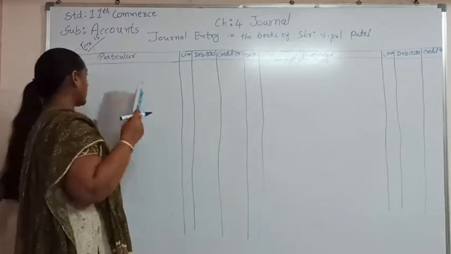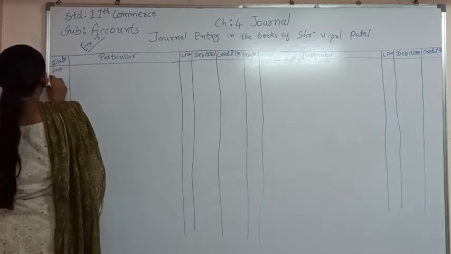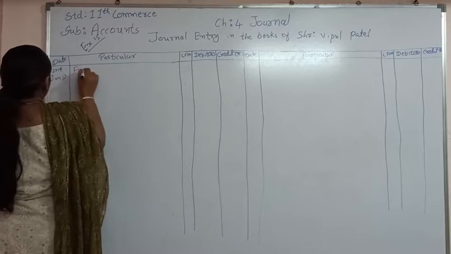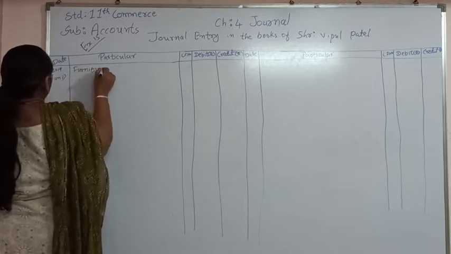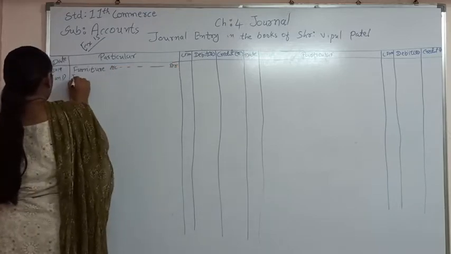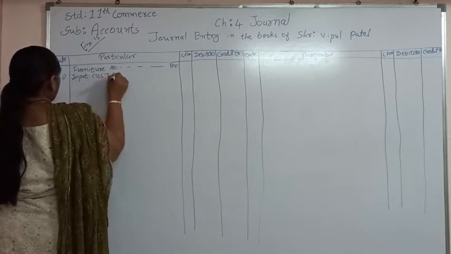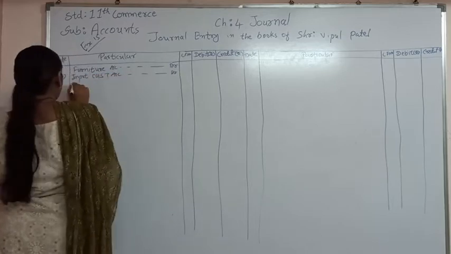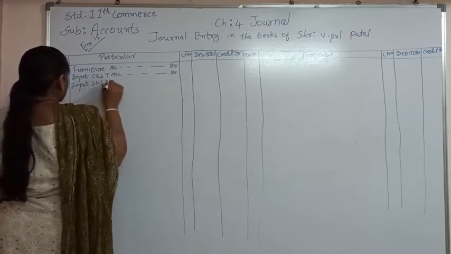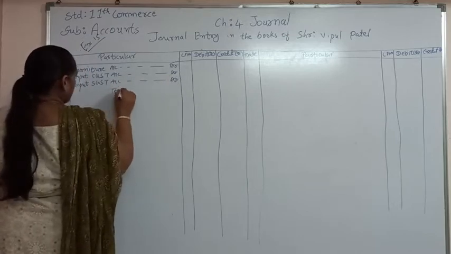That journal entry we are going to pass. So 2019 January 1st, furniture account debit, input CGST account, input SGST account, to bank account.